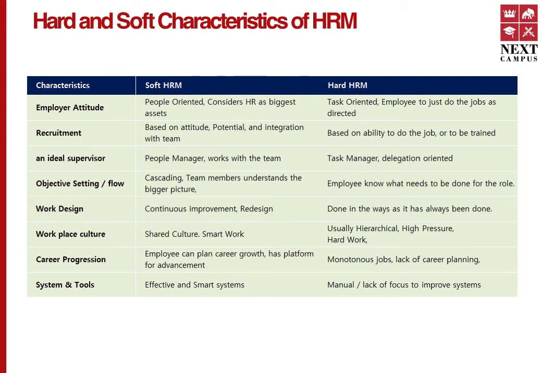But in hard HRM, work design is done the way it has always been done. It's very bureaucratic. Workplace culture in a soft HRM framework is all about shared culture. It's about working smart. But in hard HRM, culture is always dependent on the hierarchy. There's high pressure and a lot of hard work.